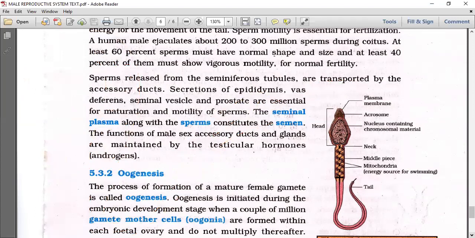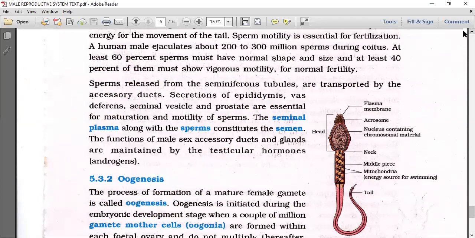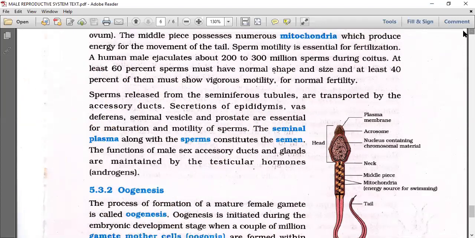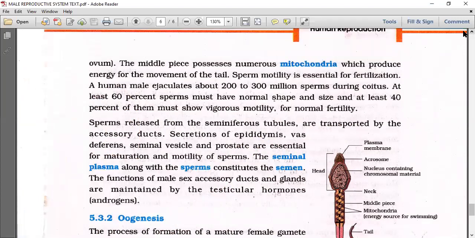Okay. So in the end, we need to discuss how vigor, motility and shape play a vital role in the sperm. So these calculations we need to go through here. A human male ejaculates 200 to 300 million sperms during coitus, during copulation.